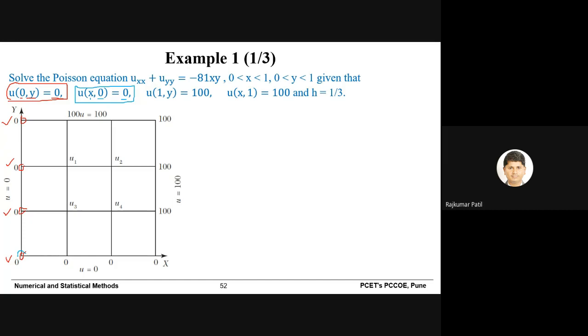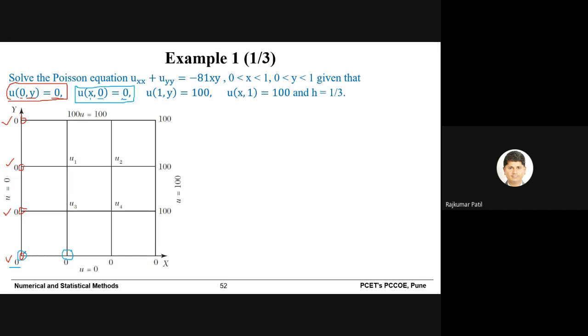This is the starting point where x and y both are 0, so the value of u is 0. The next point will be (1/3, 0), where the x coordinate is 1 by 3 and the y coordinate is 0.